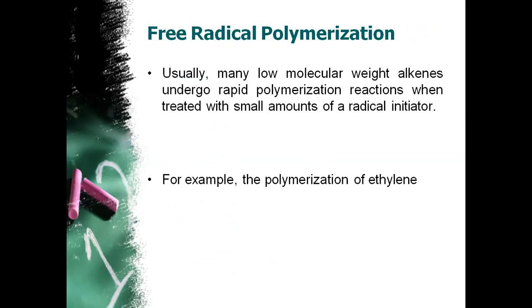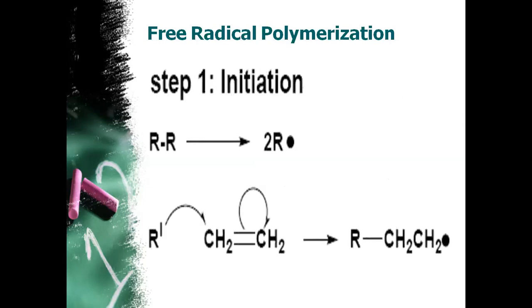In free radical polymerization, usually low molecular weight alkenes undergo polymerization on treatment with a small amount of initiators. Let's understand by taking the example of ethylene. In the formation of polyethylene from ethene, the first step is initiation, and it can be done by taking a small amount of initiators like peroxide, for example, benzoyl peroxide.